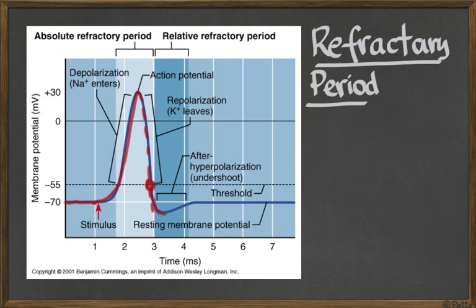So we have here a certain while that goes from here to here that you're going to be calling the refractory period, a period that whatever stimulus is given, it refracts, it doesn't get stimulated again. And this is going to be very important to make the signal travel only in one direction.